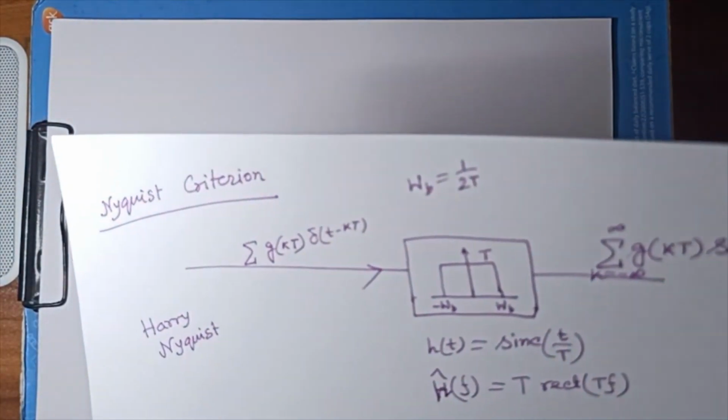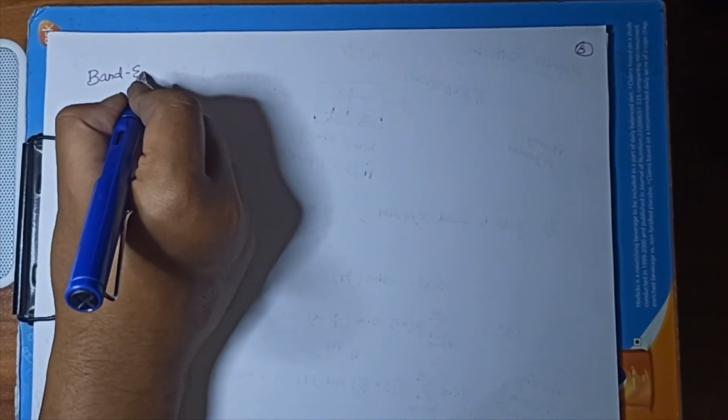Now I will characterize the frequency domain characterization of the Nyquist criterion, which is called the band edge symmetry, and that will basically help us in generating the p(t), basically g(t), which is p(t) convolution q(t). So we'll get some band edge symmetry of the spectrum.